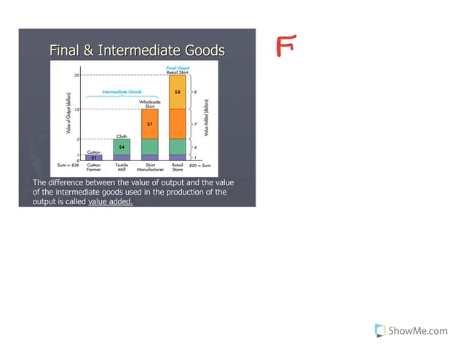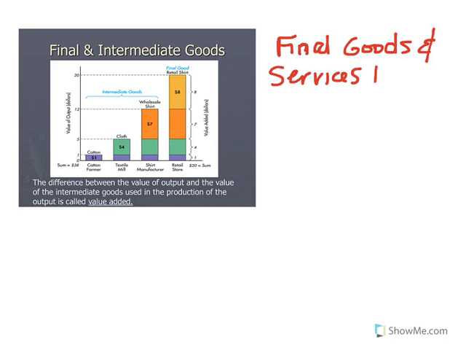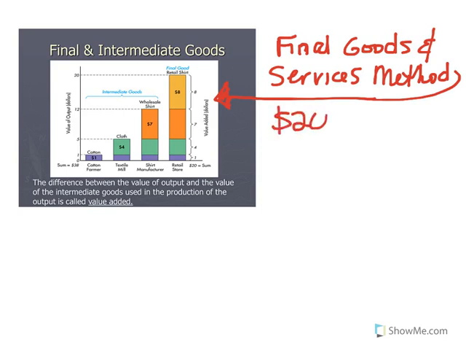In other words, you have the final goods and services method, and that would be where you just look and see how much did the shirt actually sell for when it was sold to the consumer. So again, we can clearly see that the shirt sold for $20. So that would just be the price the consumer paid.